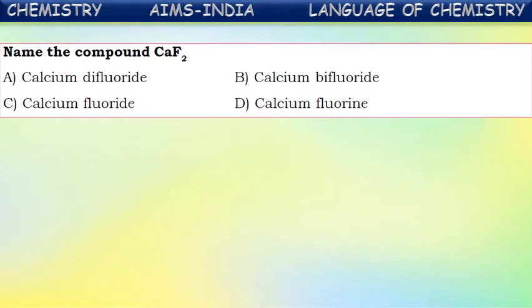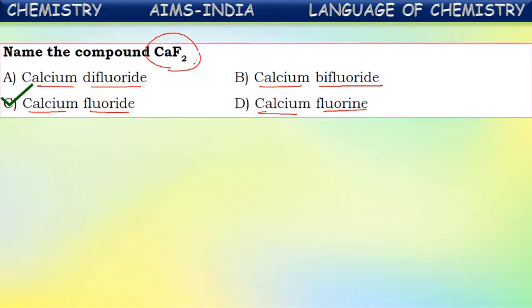Name the compound CaF2. See here, so many options are given: calcium difluoride, calcium bifluoride, calcium fluorine and calcium fluoride. Actually, instead of writing difluoride, the name of this compound is calcium fluoride only.